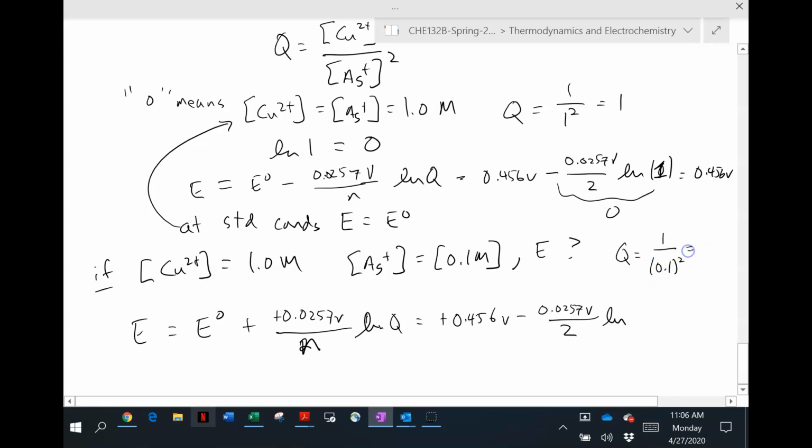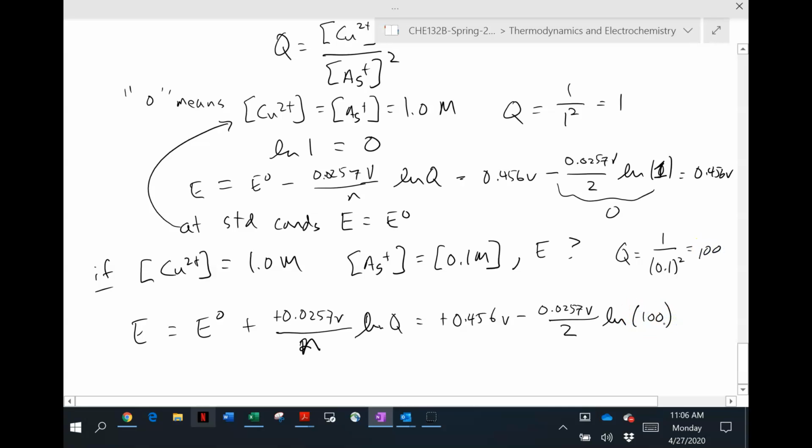That's going to be a big number, right? 0.1 squared is 0.01, and divide that into 1, you get 100. So now we've got ln of 100.